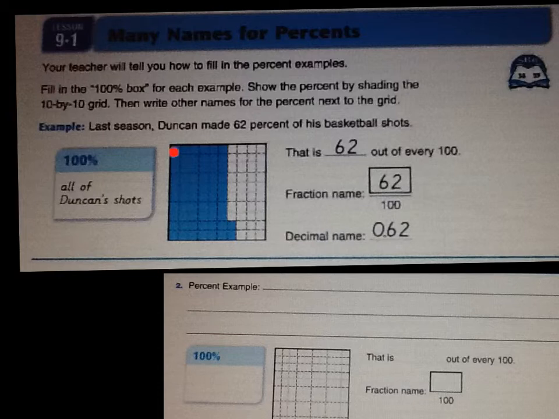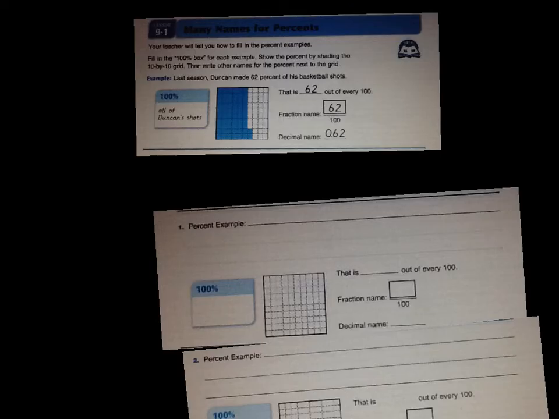So here we could shade in 10, 20, 30, 40, 50, 60, 1 and 2 boxes in our square. And that is 62 out of every 100. And the fraction name for that is 62 out of 100. And the decimal name is 0.62, or 62 hundredths.